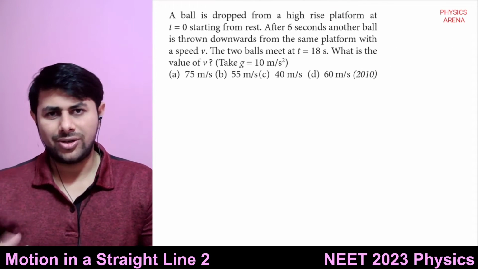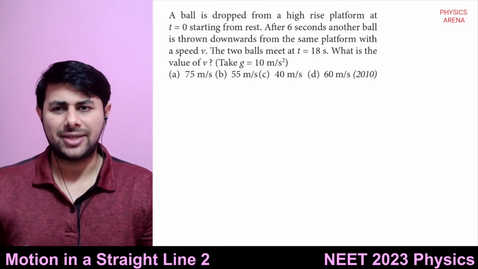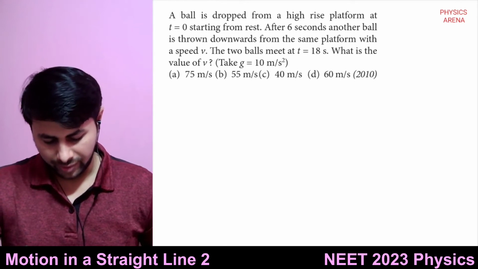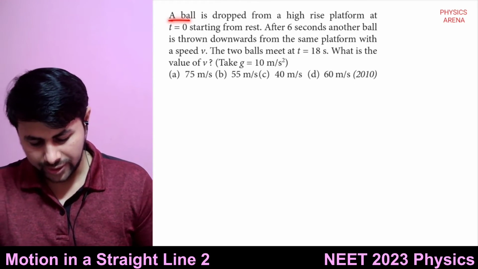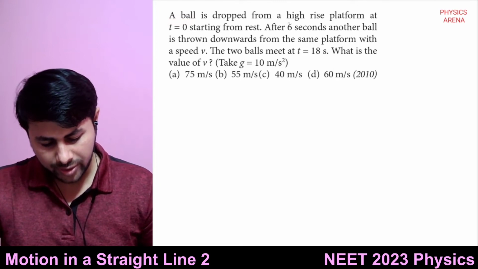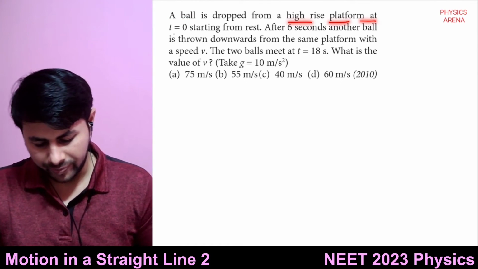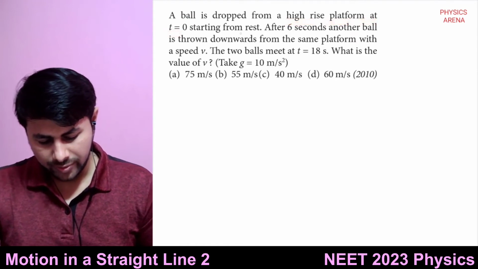And there have been lots of questions on uniformly accelerated motion. So see, this is another question. A ball is dropped from a high-rise platform at t equals 0 from rest.